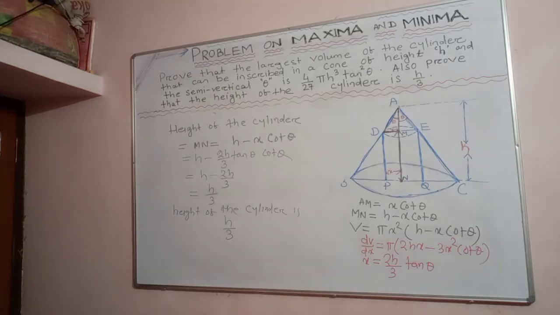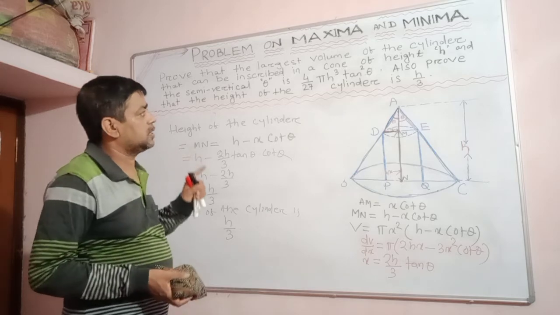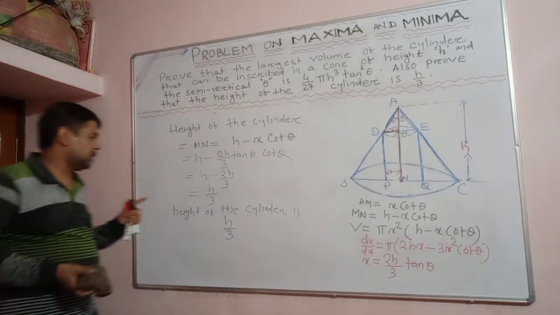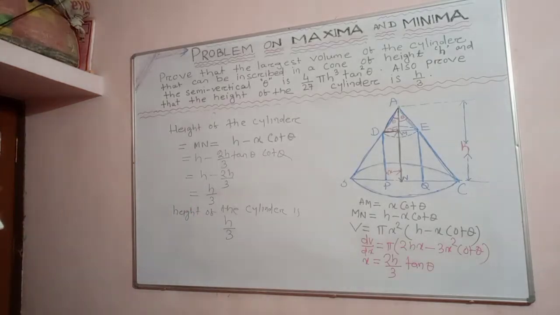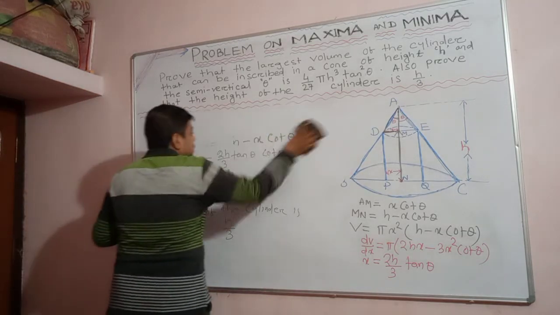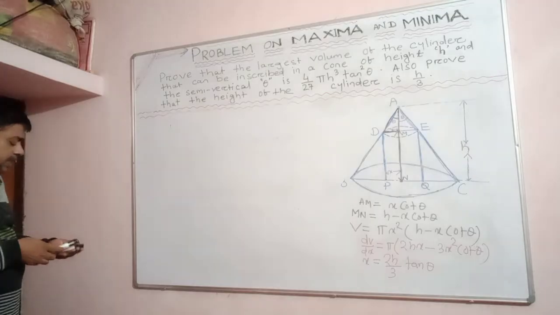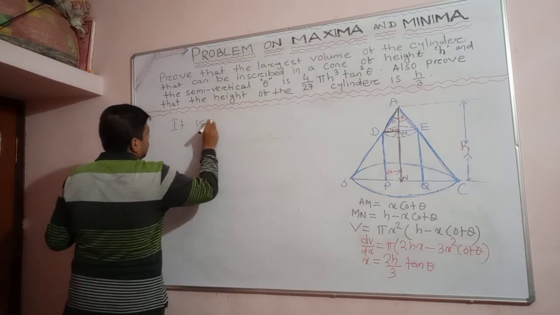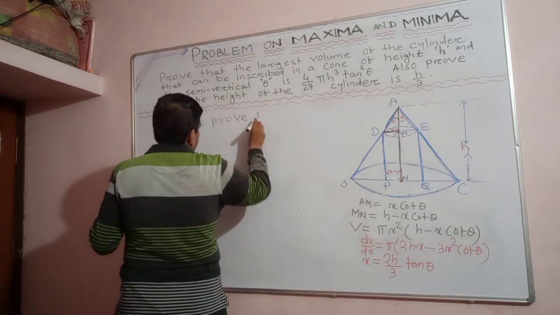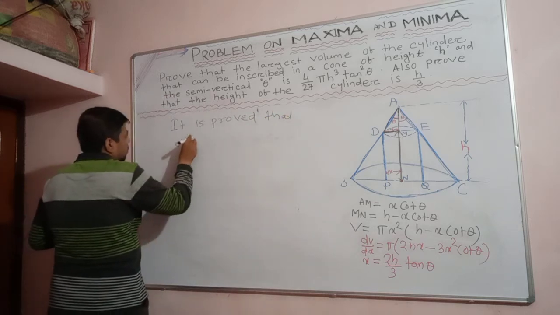So thus we got the two points. Thus we got the conclusion here. What we got here: the volume of the cylinder is 4 upon 27 pi h cube tan square theta, and the height of the cylinder is h by 3. It means the height of the cylinder is 1/3 of the height of the cone. Thus this point is very much clear. So it is proved: first point, the volume of the cylinder is maximum.